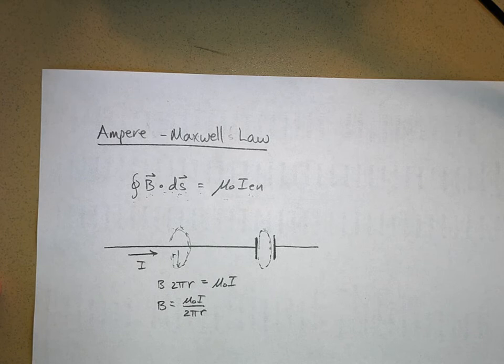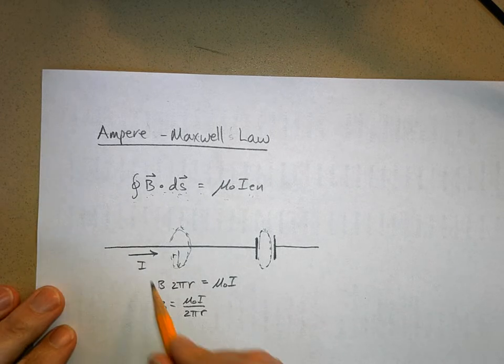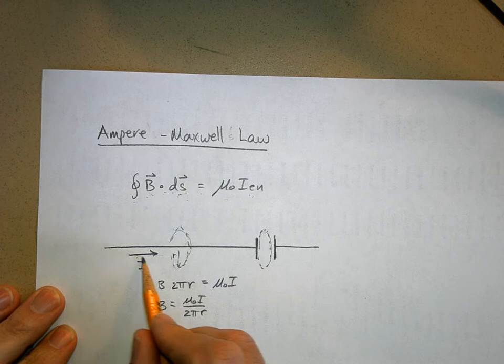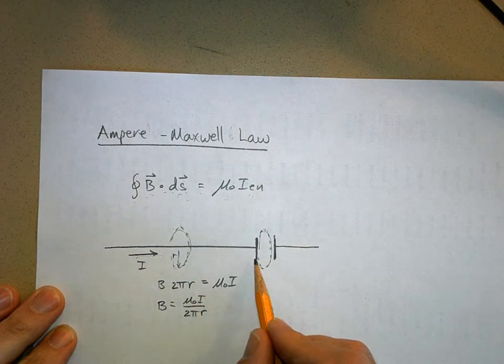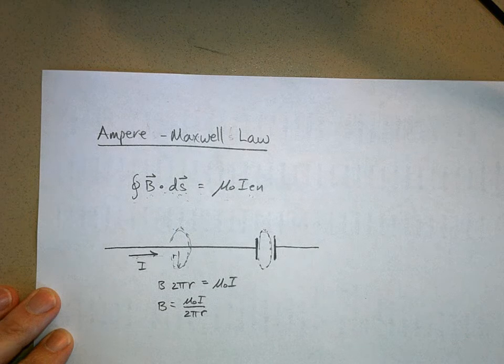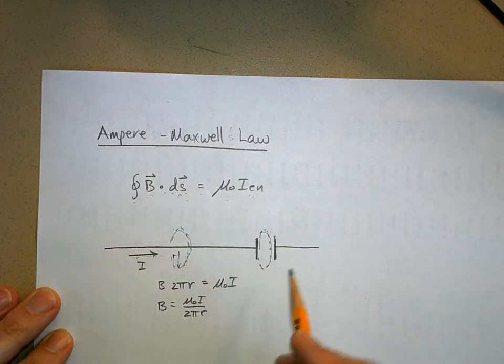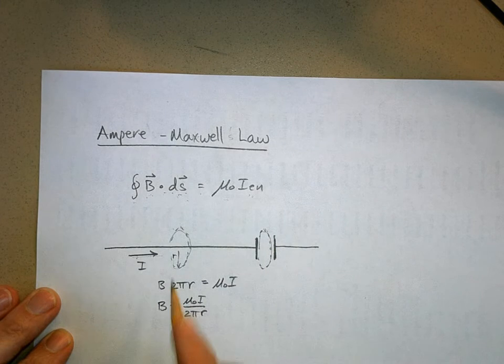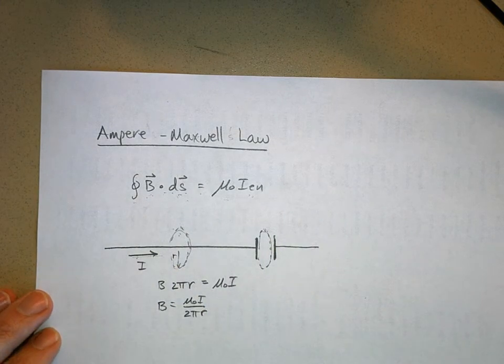And yet, if we force a current to flow through here, it's going to build up charge on this capacitor, but we still get a magnetic field there that's identical to the magnetic field here.